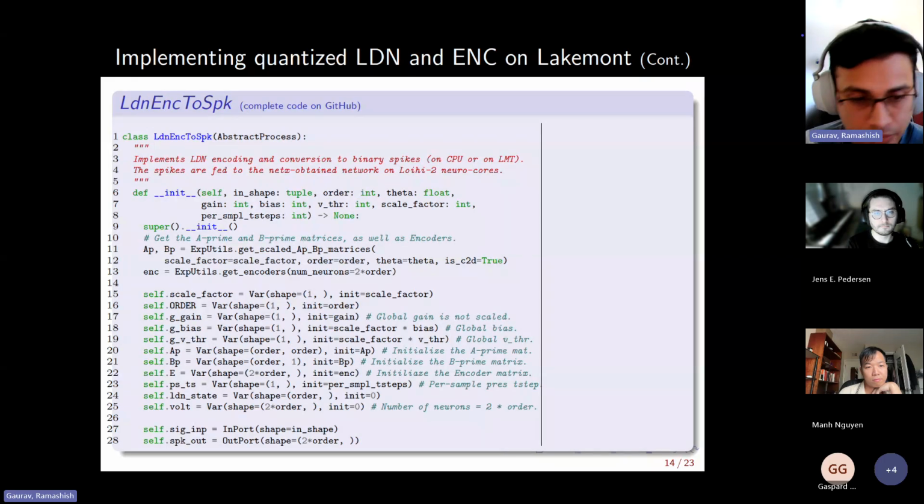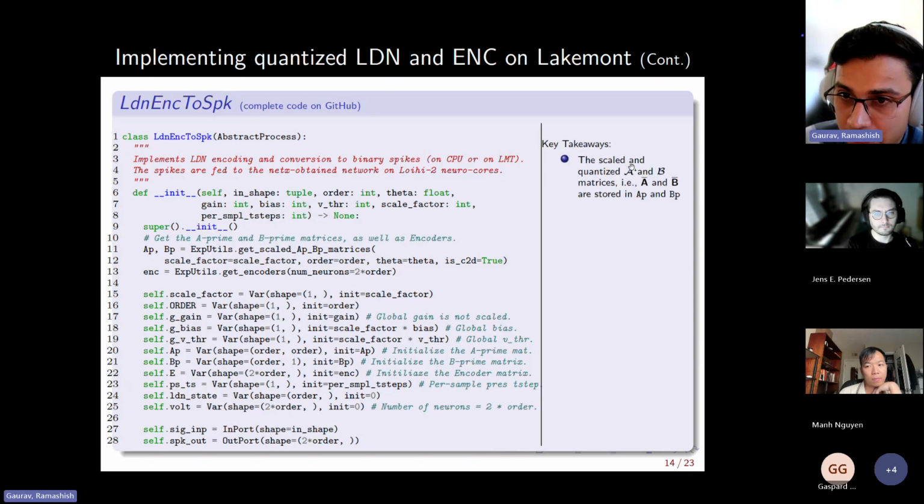A lot is going on in here, but as in the previous slides, we will focus only on the key takeaways. First, the scaled and quantized A and B matrices, that is A bar and B bar, are stored in the A prime and B prime variables here. You can obtain these matrices from an external function, get scaled A prime and B prime matrices, and store them here.